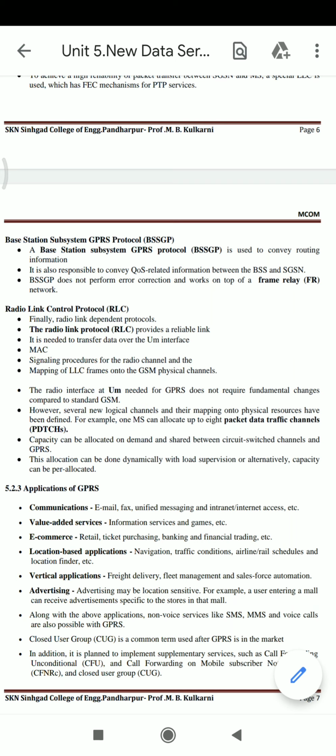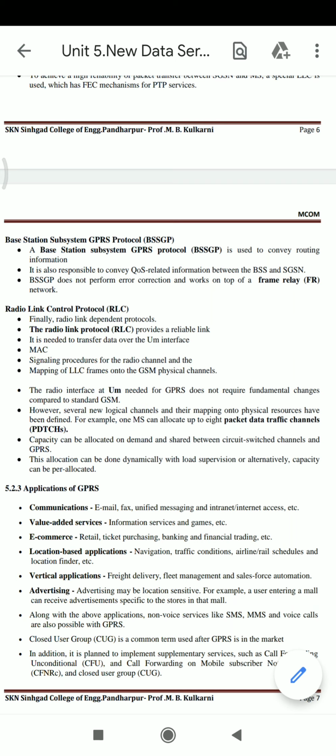It means that some of the channels will be allocated for circuit switched communication, and some of the channels will be allocated for packet data transmission, that is for GPRS, in the GSM system.